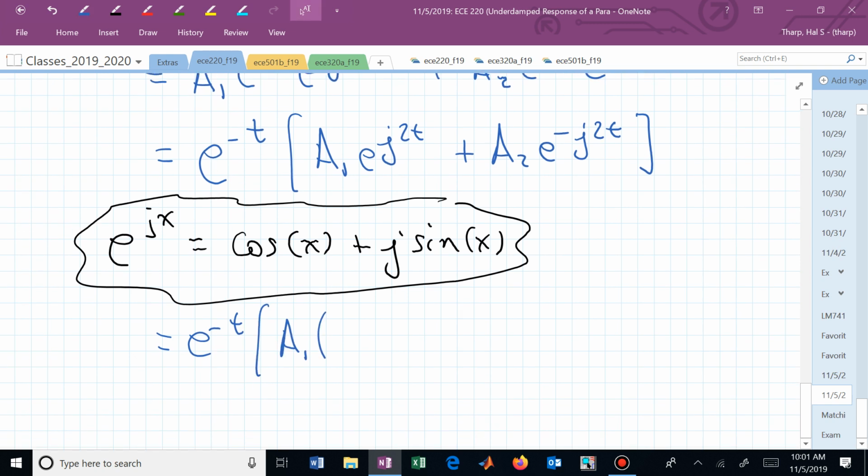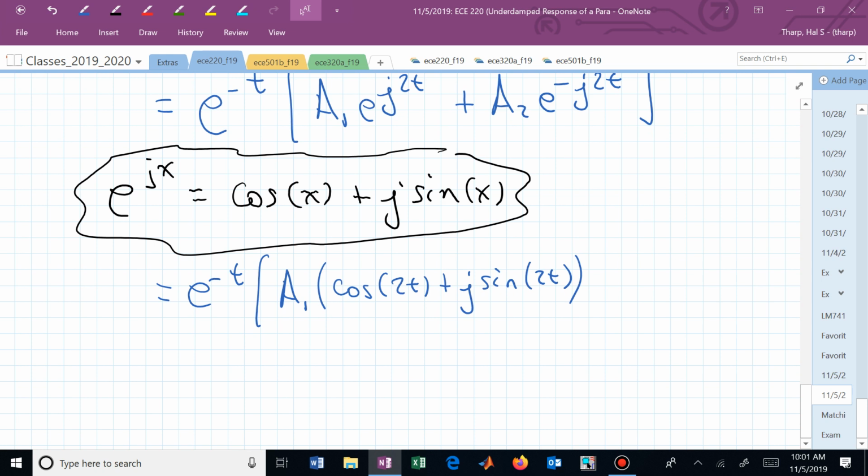We said we needed to change into costume. Now we're going to introduce the cosine and sine. We now have cosine of 2t plus j sine of 2t, plus a sub 2 cosine of 2t minus j sine of 2t.